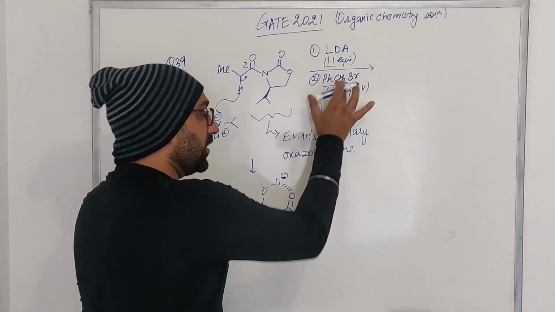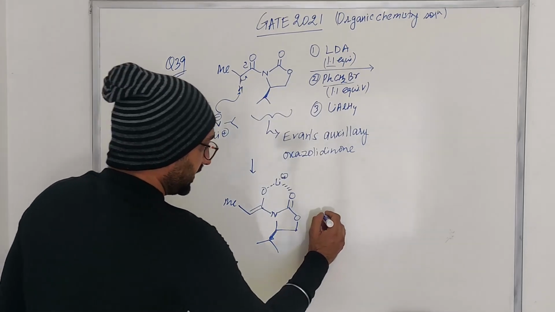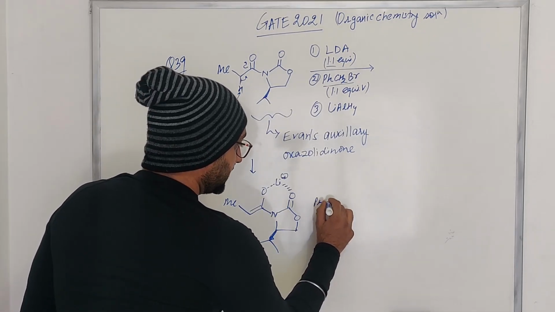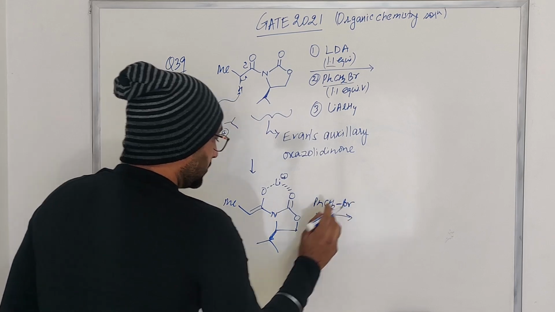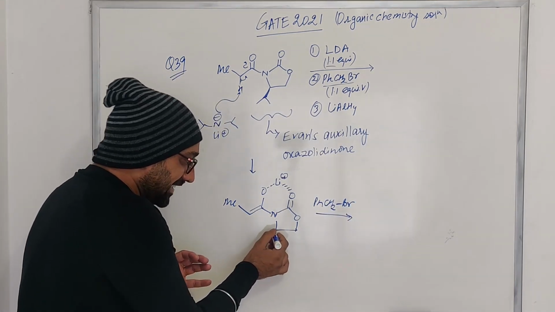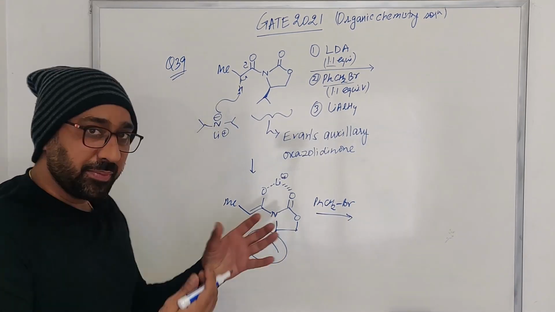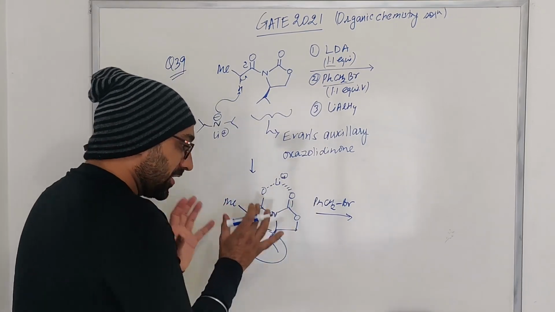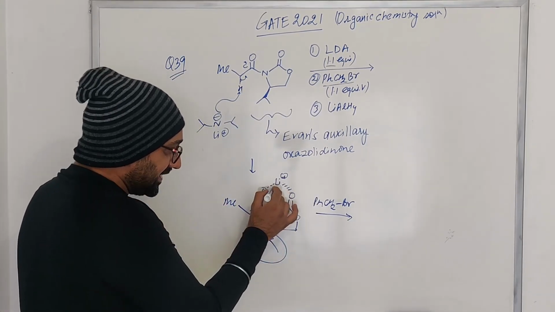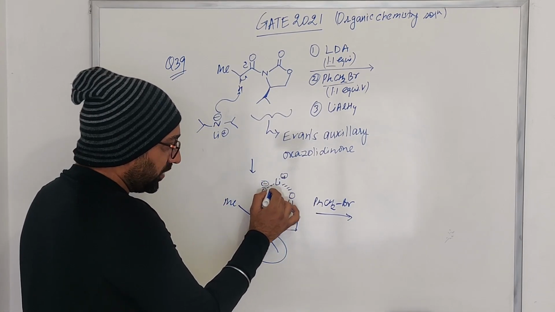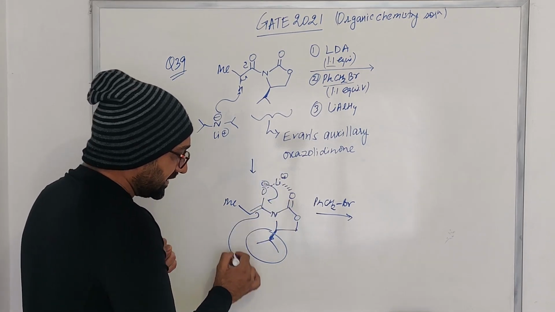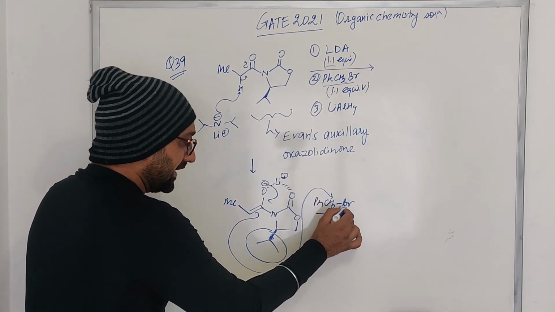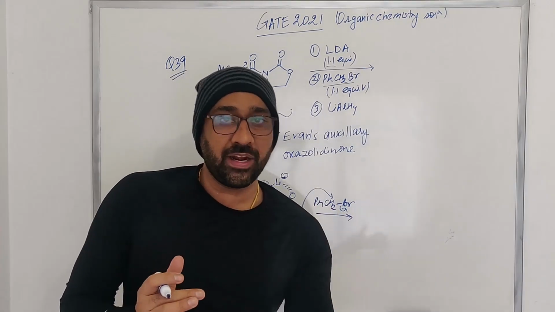Now, when you introduce the electrophile into the system, here the electrophile is benzyl bromide, right? We can clearly see that this auxiliary is coming out of the plane. So once this O negative comes back, and once this attack takes place, it can only take place from behind the plane.